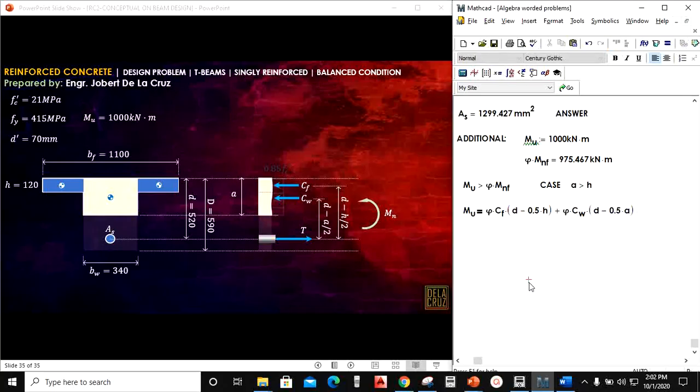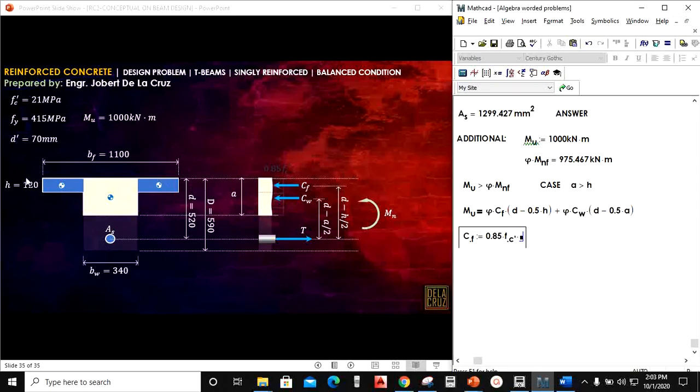Again, the a is what we will look for here first. Let me just define the Cf. Cf is equals to 0.85 f'c, and this guy, in this scenario, our Cf is just the overhanging flange only.